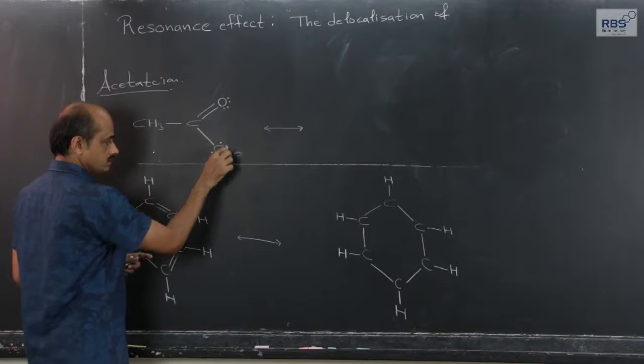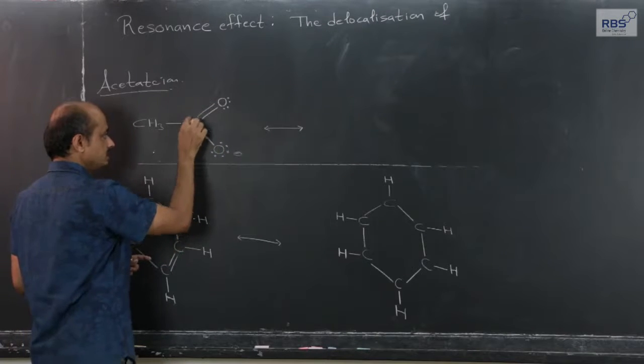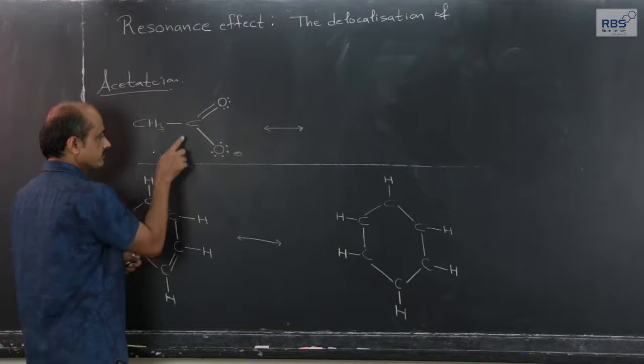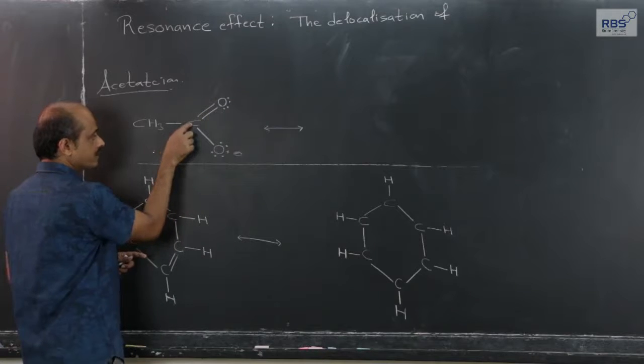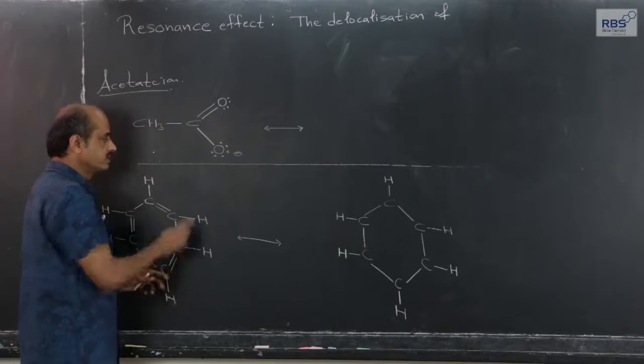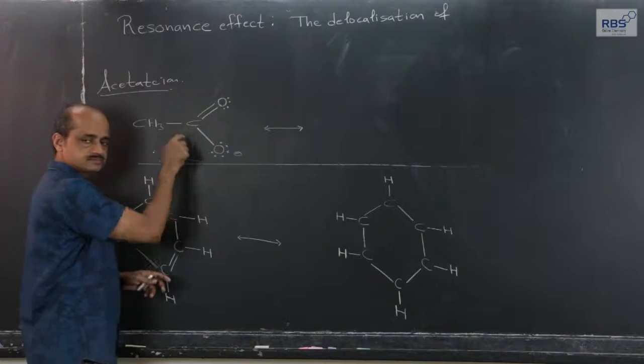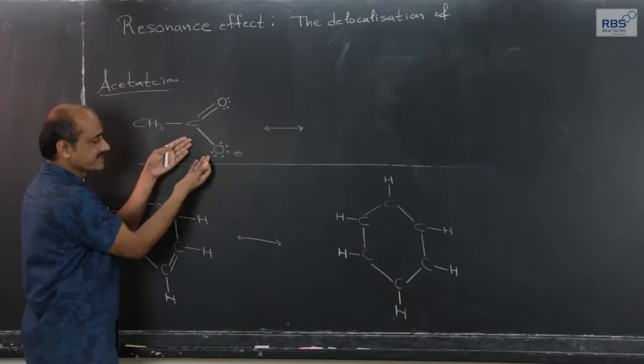Out of these three lone pairs, one lone pair has equal tendency to be shared with the p orbital of carbon and form a pi bond on this side.